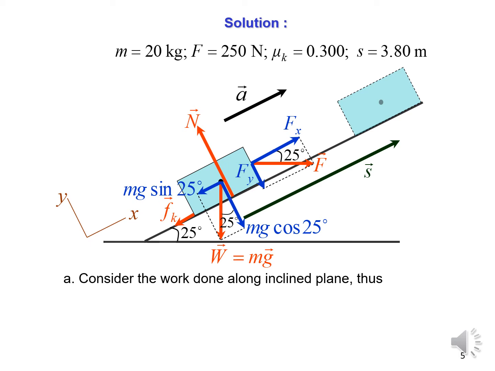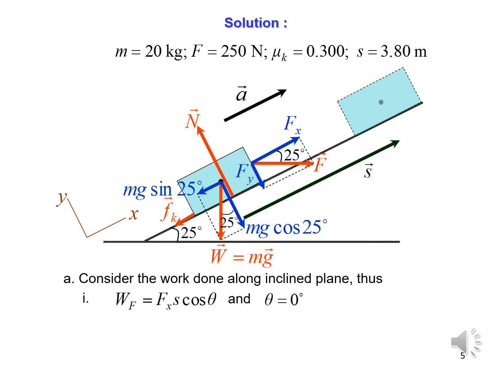Now consider the work done along the inclined plane. For the work done by force F, we resolve it into Fx and multiply by the displacement and cos of the angle.